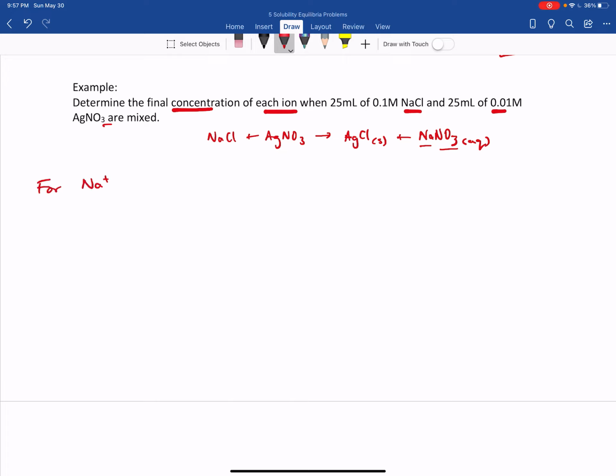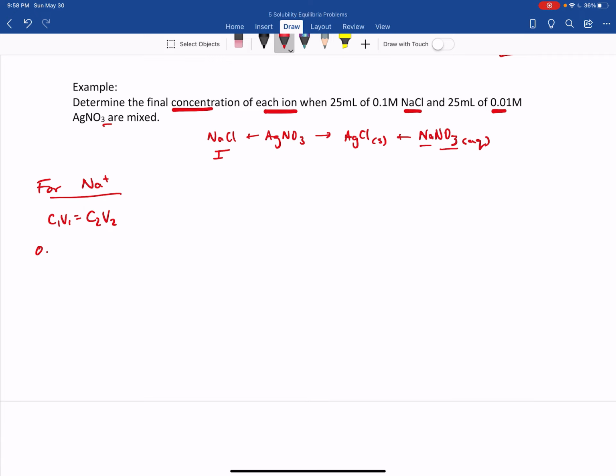For sodium, to figure out its final concentration, we can say C1V1 equals C2V2. Because sodium has a subscript of 1, and we reviewed how to determine the ion concentration in part A, its concentration will be the same as the compound's concentration. Right, so we'll look here. Its initial concentration is based on this.